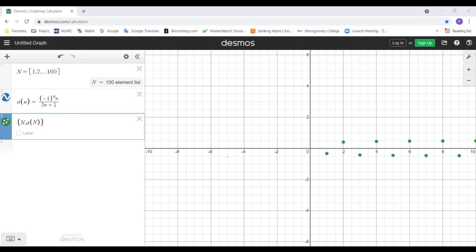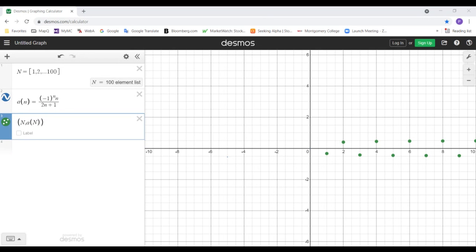So you see on the right how it has the green dots? Now, this is not a very helpful window to see our sequence. How many terms am I seeing there? It graphs up to n equals 10, the first 10 terms of the sequence. I'd like to see 100 terms.